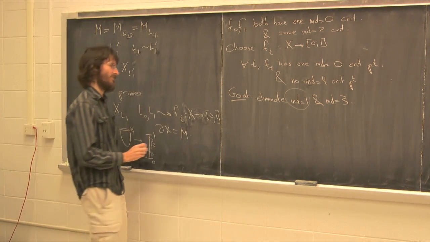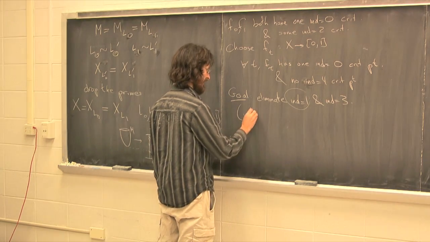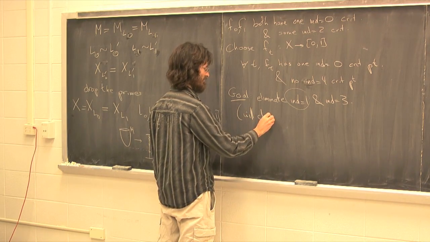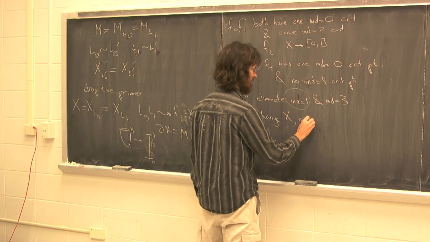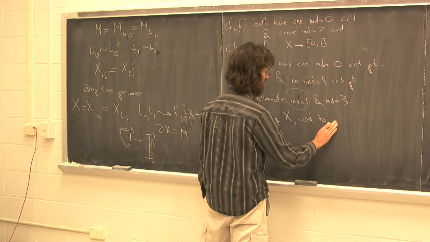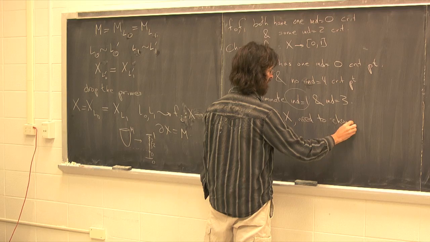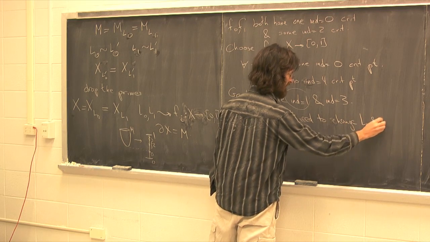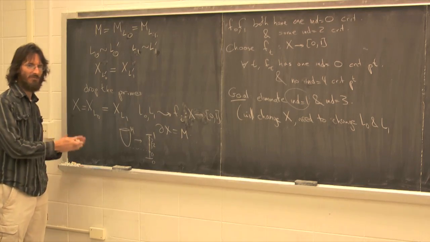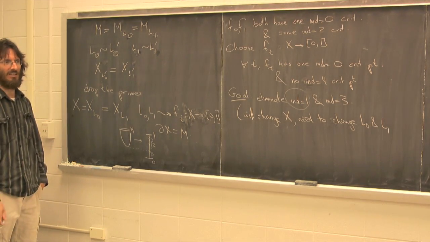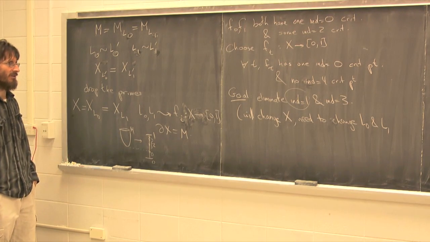I need to also change L0 and L1. So we're going to change X, by changing L0 and L1, so that we can do the homotopy without any index 1 or 3 critical points.